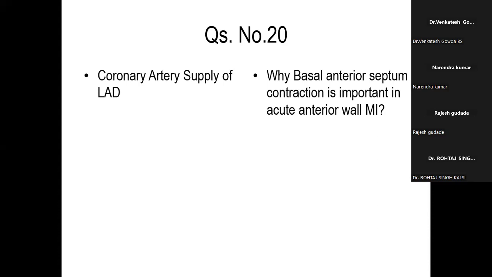We don't have a basal anterolateral in four chamber. I am asking you apical four chamber view. Which are the segments supplied by LAD? Basal mid anteroseptum, sir. Mid inferolateral, basal inferolateral, and basal anteroseptum, sir. I'm asking you again, my question is very simple. In apical four chamber view, which are the segments supplied by LAD?